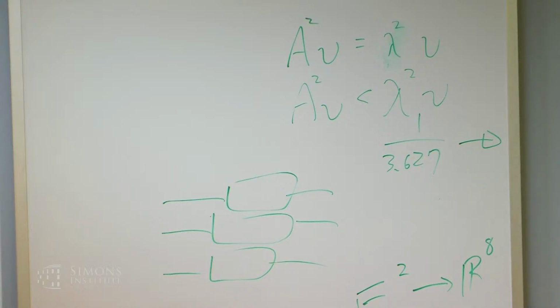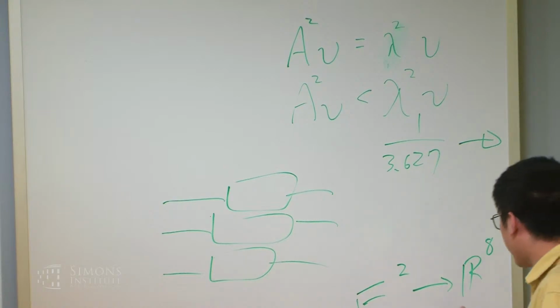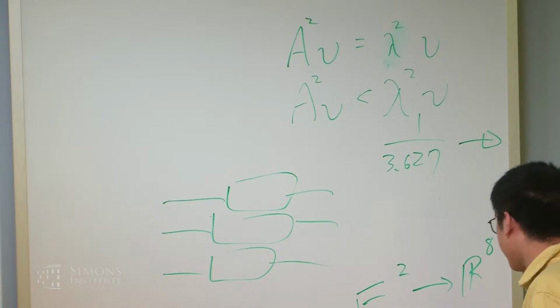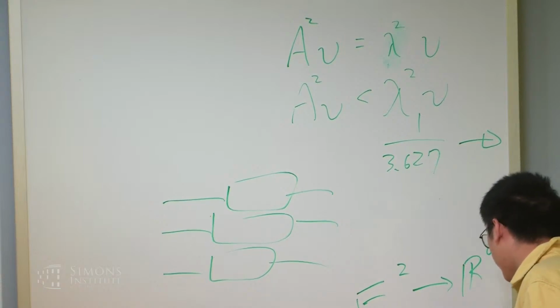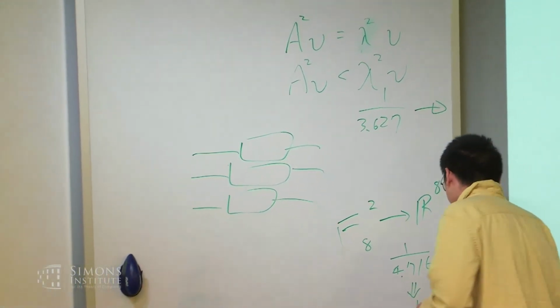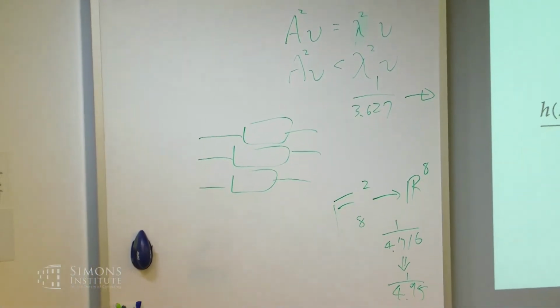There is not an eigenvector, and if you can show that by doing some heavy-duty numerical computation, then you can improve the scaling exponent. But even if you do that, you can only say that some improvement can be made to the scaling exponent. So we made the computation more precise, and we are able to get a concrete numerical improvement from 1/4.716 to 1/4.95. It's the 0.7% improvement.